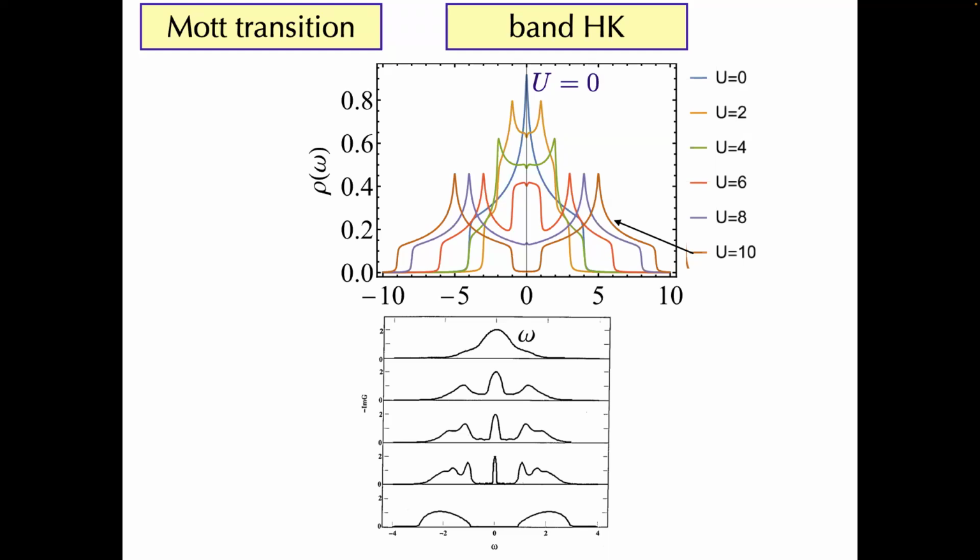But the important thing here is that this gives rise to this right here, with a central peak. Now, if you take this similarity seriously, then it's telling you that perhaps there's a purely local description of the HK model, although it seems completely non-local in real space.